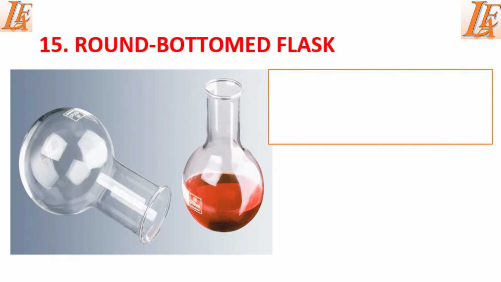Another apparatus that we have is a round bottomed flask, and a round bottomed flask is a glass container with a spherical bottom and a long neck. Now for you to identify a round bottomed flask, it must have a spherical bottom, and at the same time it must have a long neck. The reason why it has a spherical bottom is that this shape allows even distribution of heat on a wide area below the flask, hence reducing the risk of the container breaking.